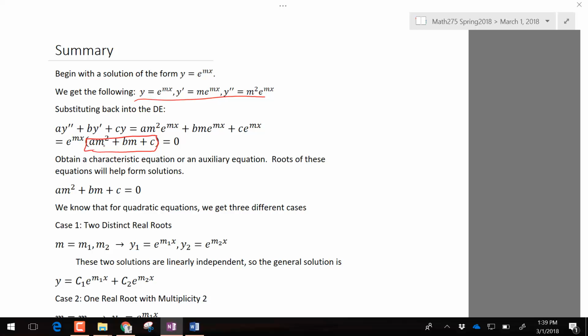This is called an auxiliary equation. Your auxiliary equation is a simple polynomial, in this case a second degree polynomial. And the solution to this will be the coefficient of the x in the exponential function.